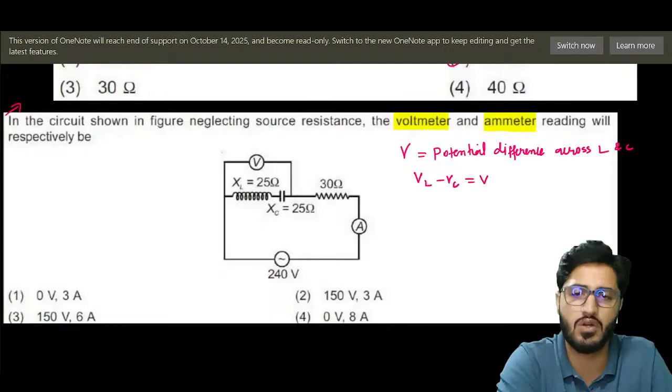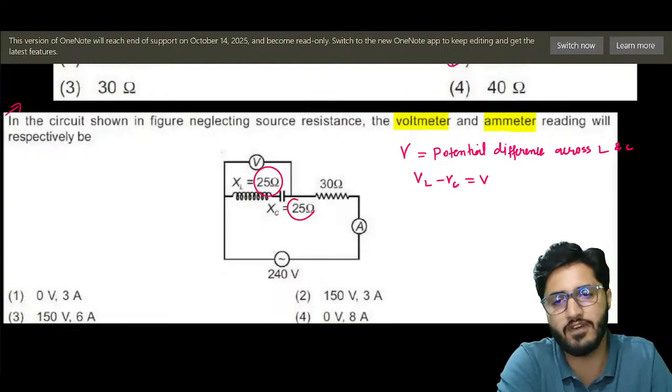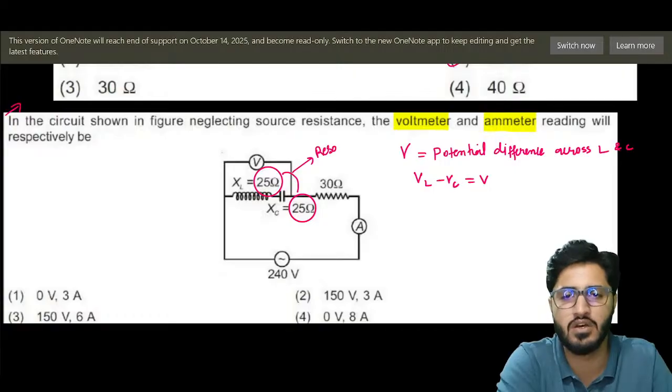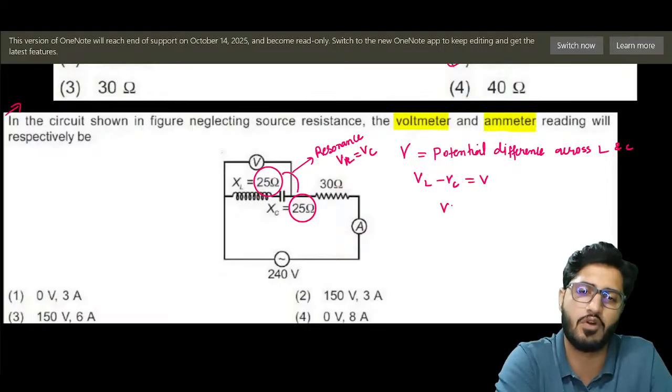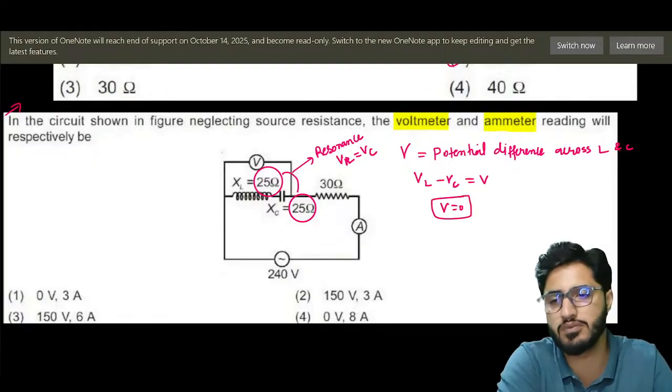Look, it is 25 ohm, 25 ohm. If both are at 25 ohm, so we can guess that these are at resonance, right? If it is a resonance, so we know the second condition for resonance, which is VL equals to VC. So V came out to be 0. So the reading of V will be 0.